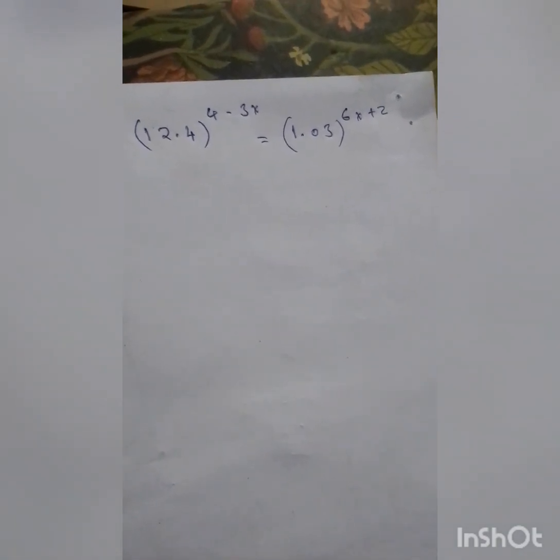Now, you reach here, you apply the same method so that you get the correct answer. From there, you begin. You write here 4 minus 3x, then you start solving this equation.